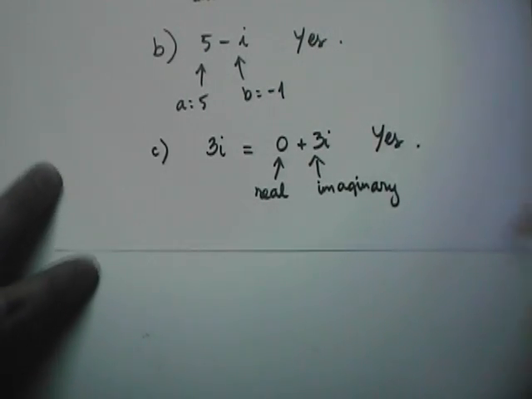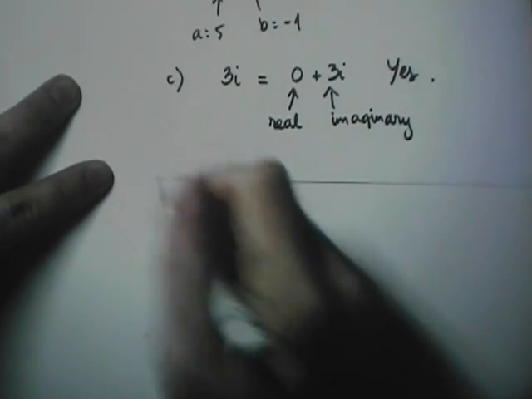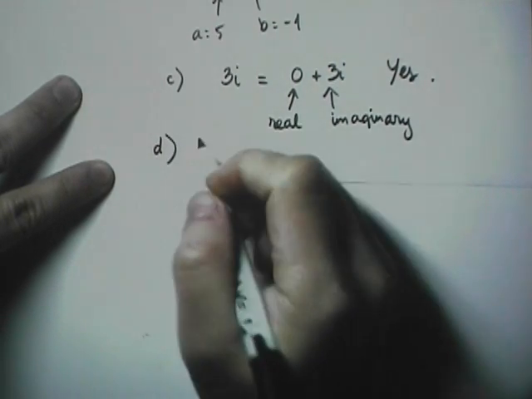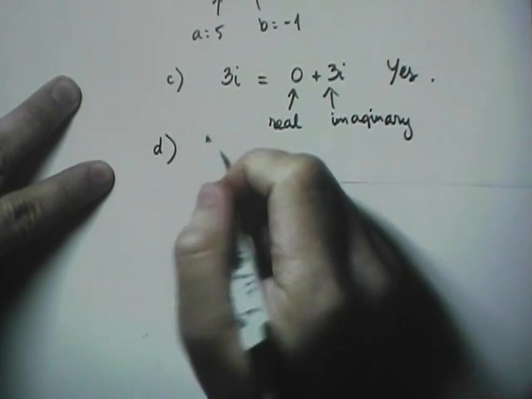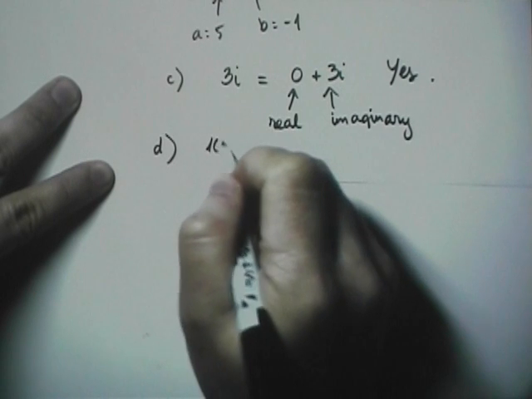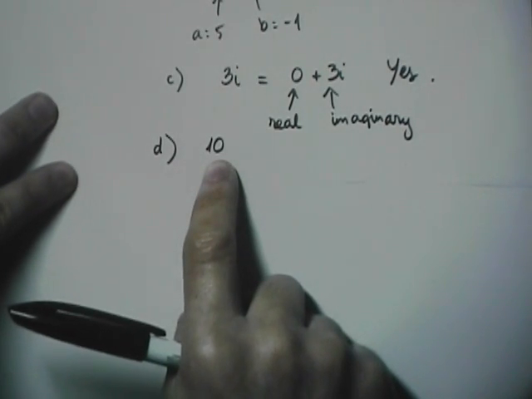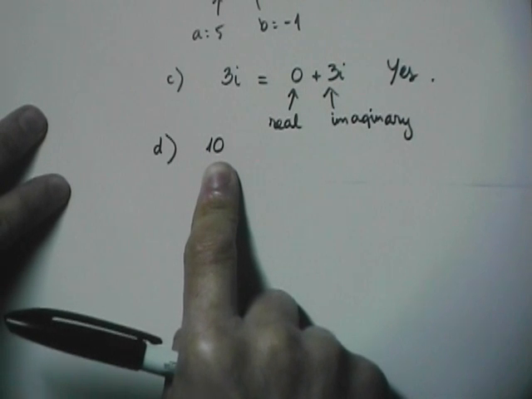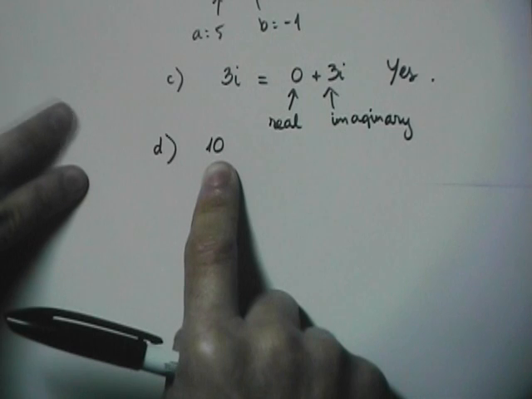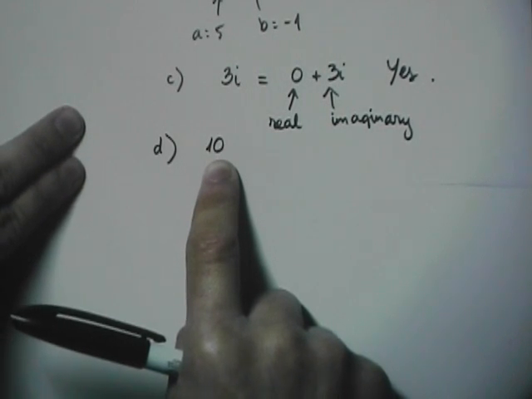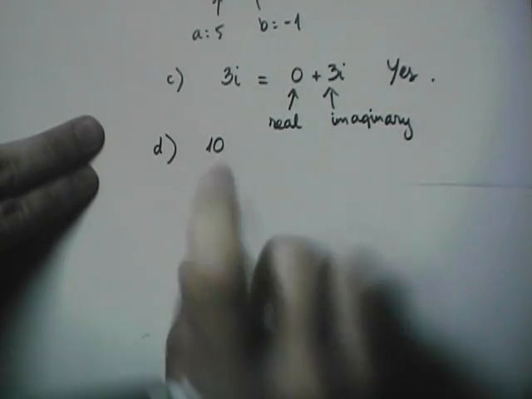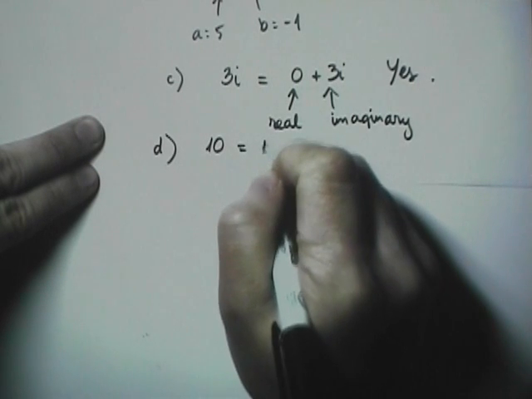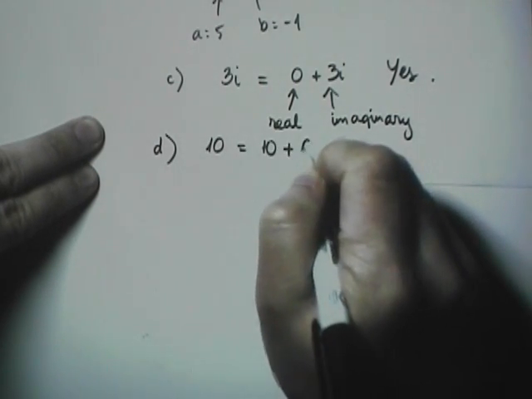And even further, let's look at some of the usual numbers we've been working with. Let's say 10. Is this a complex number? You might think it's not, and indeed I have received a lot of ideas from students in my other class saying that the number 10 is not a complex number. However, the way I see it, you can rewrite it as 10 plus 0i.